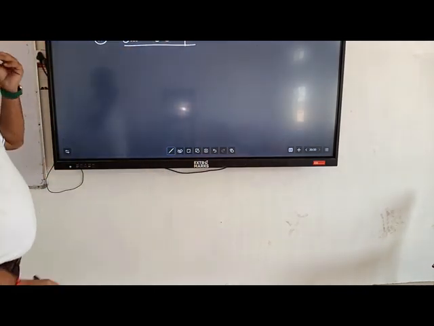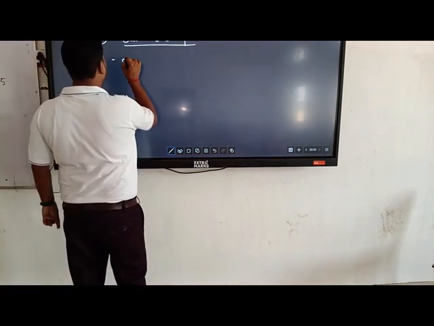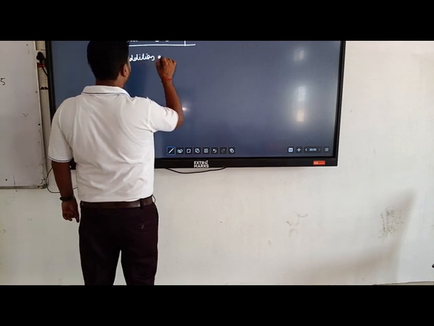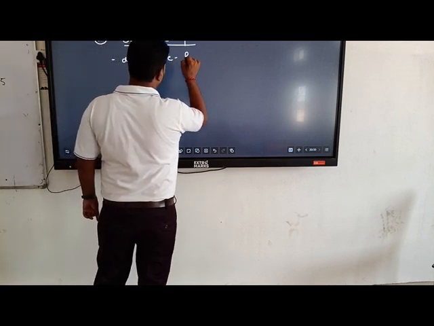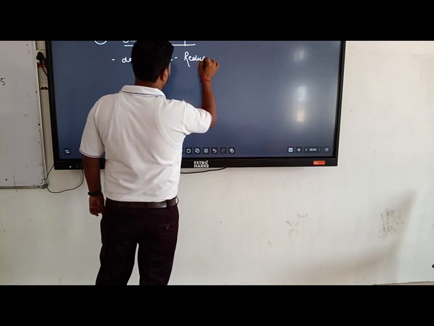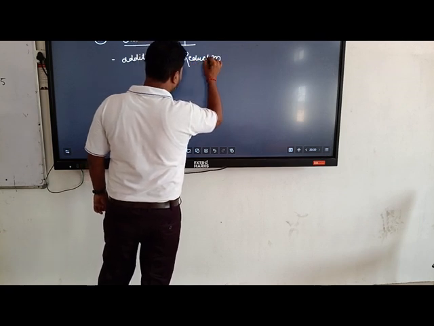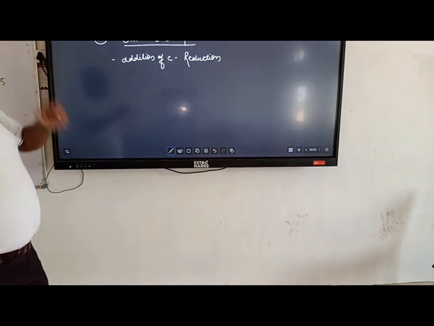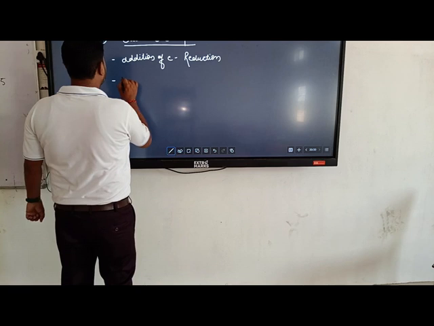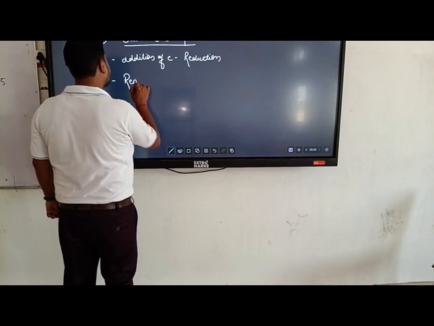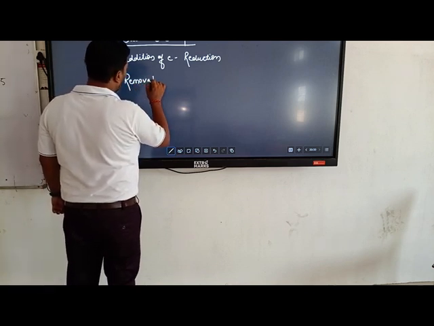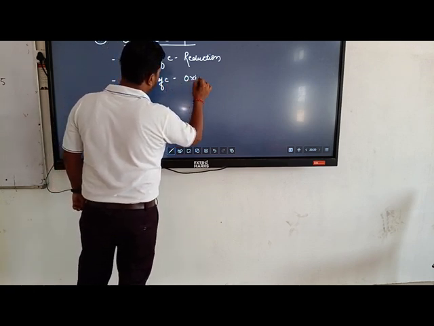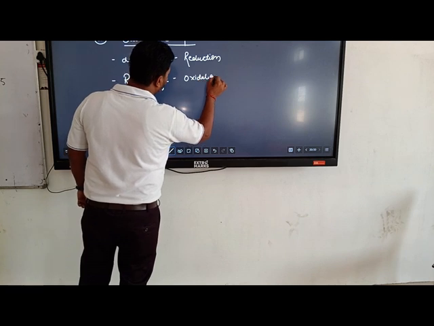So the simple concept is this: addition of electron is reduction. It means if on any substance electron is added, reduction of that substance has taken place. And the reverse of this, removal of electron, is the oxidation.